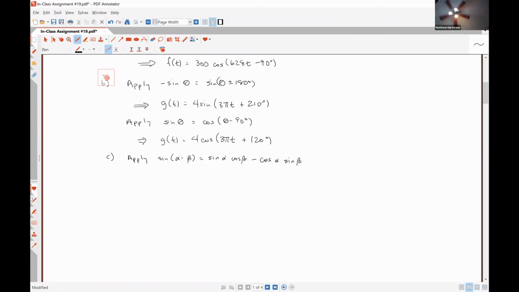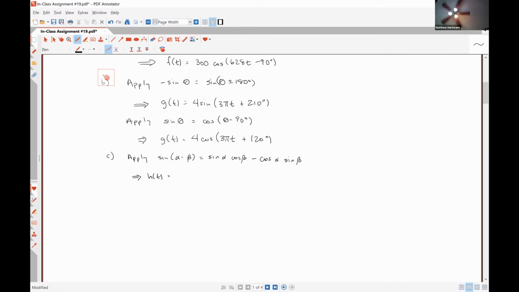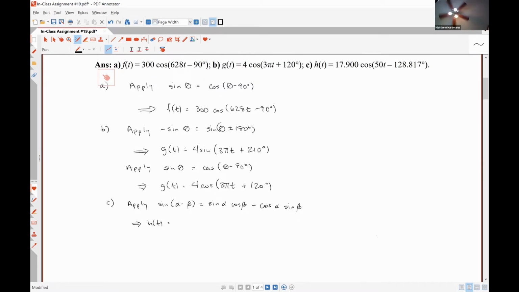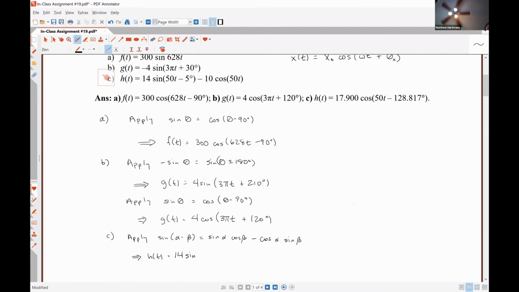If we apply this trig identity, we find that h of t, which was originally 14 sine 50t minus 5 degrees minus 10 cosine of 50t.